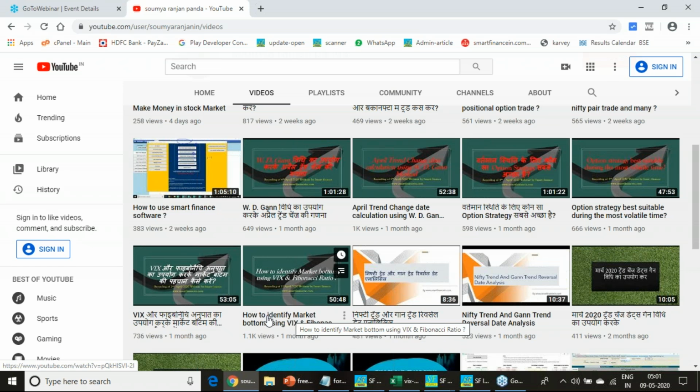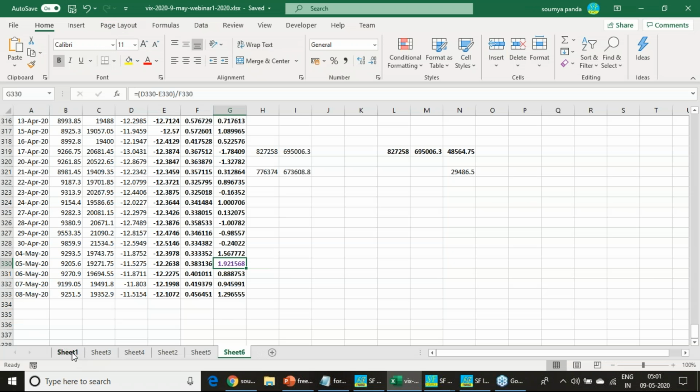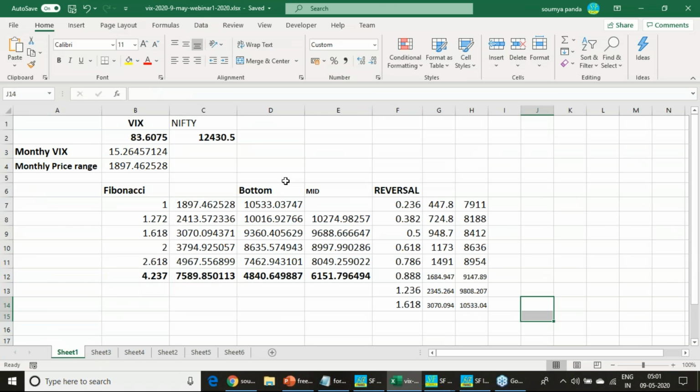So today is the day we must reintrospect what we learned on that day and how far it has worked. These are the calculations we have done. On that day, 12,430 was the high, which happened sometime in January, and VIX touched 86 point something, with 83.6075 on a closing basis.